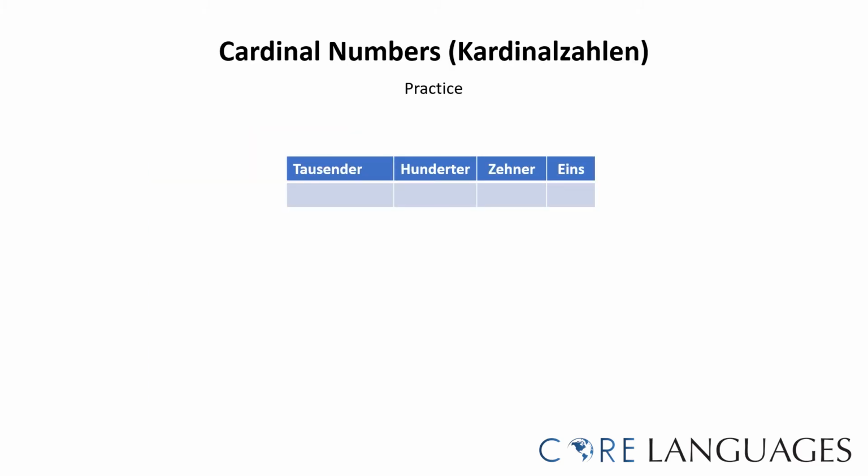Let's practice. Look at the following Cardinalzahlen and try to say it in German. 8, 28, 428, 6.428.